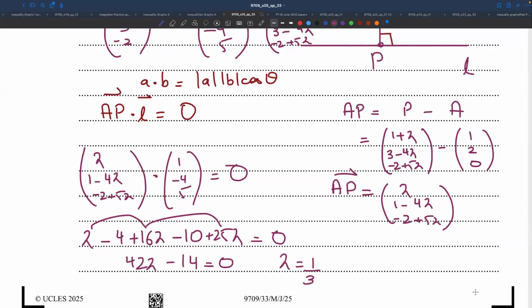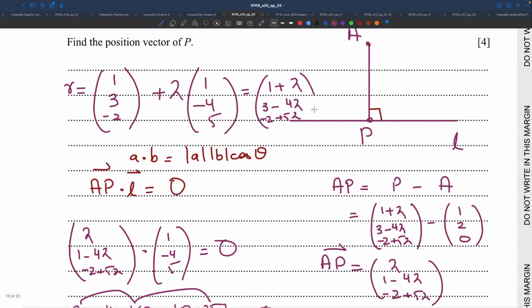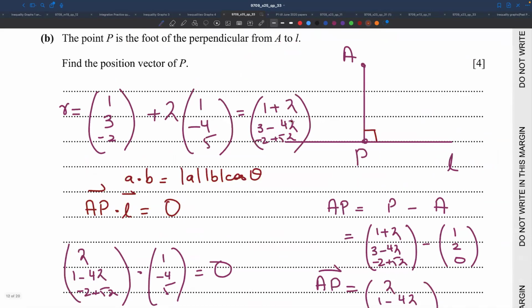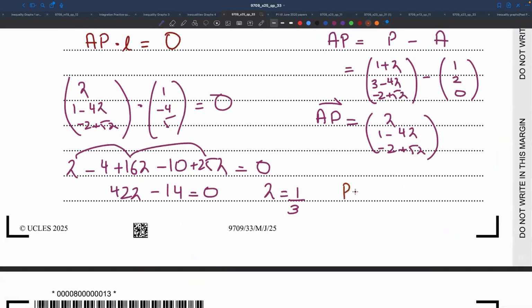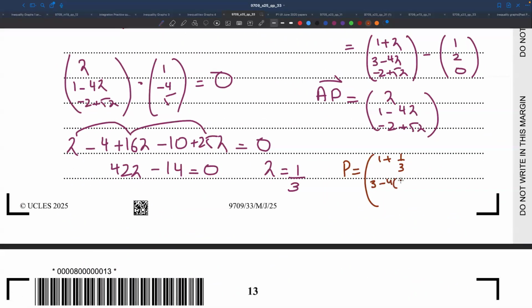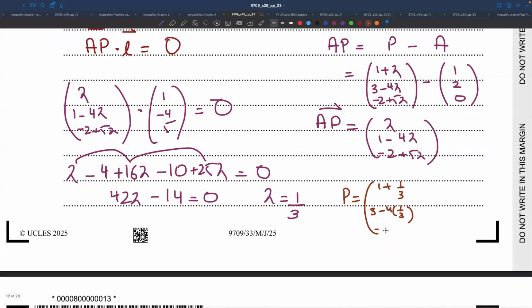Now, once you have the value of lambda, you plug it back into the equation of line L and you will get your coordinates for point P. So this was basically the equation for line L over here. We'll substitute lambda as 1 upon 3. So P would be 1 plus 1 upon 3, 3 minus 4 into 1 upon 3, and finally minus 2 plus 5 into 1 upon 3.